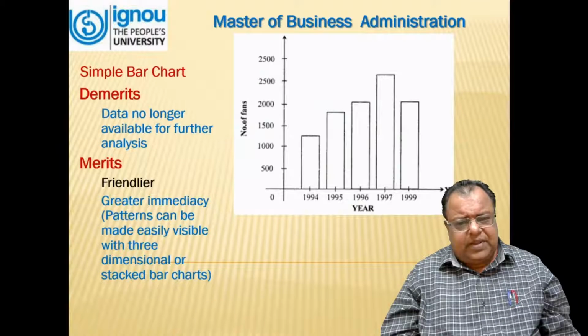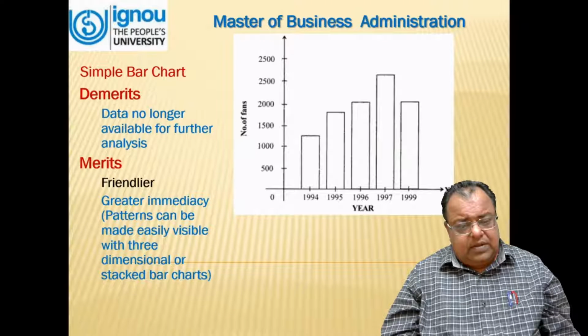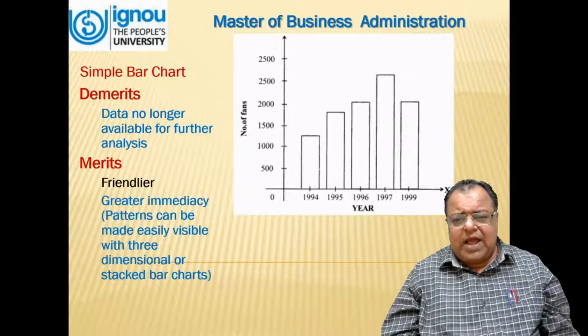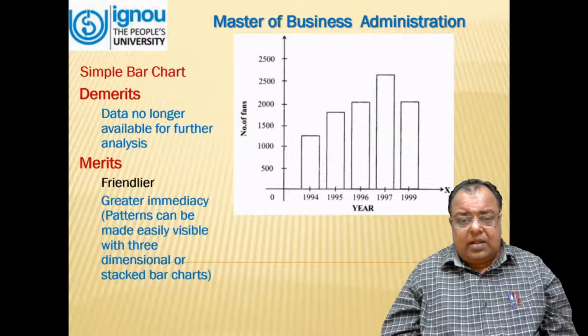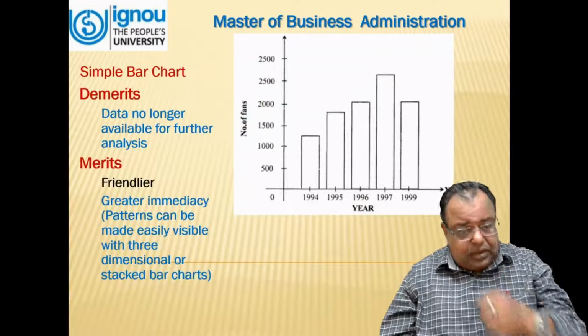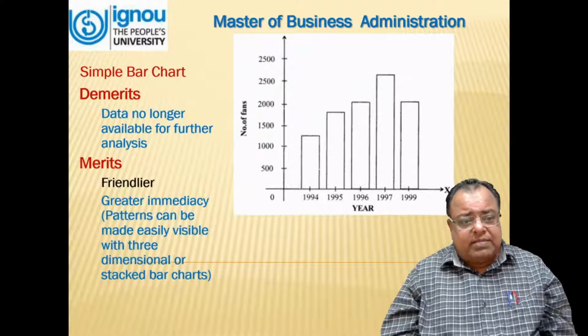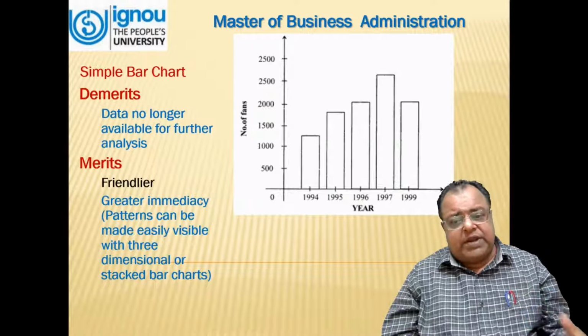As far as merits are concerned, everyone is familiar with how bar charts are drawn. So to make it more good looking, they are being transformed, and 3-dimensional methods are used, or stacked diagrams are used to provide more information in a bar.